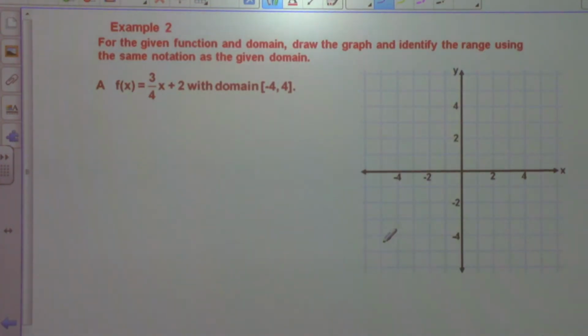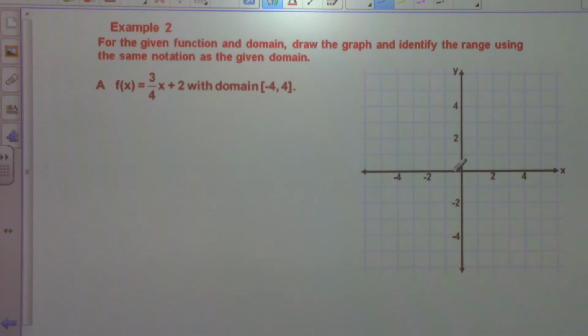Here we have a kind of forced restricted domain. If you look at the last exercise set, we did one a little bit like this, didn't we? It says, for the given function and domain, draw the graph and identify the range using the same notation as the given domain. So how would we draw this graph?